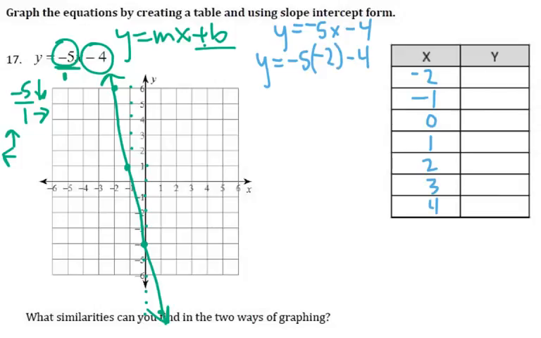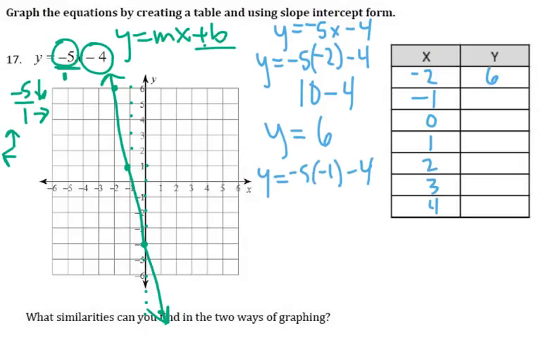That frame we made would help you guys a lot out on these problems. -5 times -2 is +10. Minus 4 gives us 6. So y equals 6. Then we do it for -1. Y equals -5 times -1 minus 4. -5 times -1 is +5 minus 4 is 1.